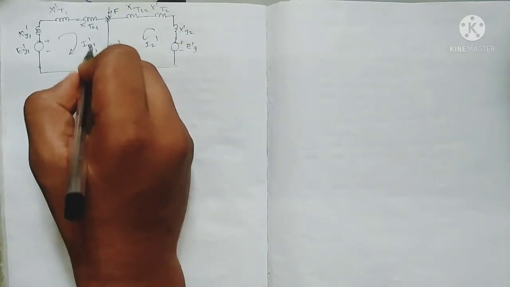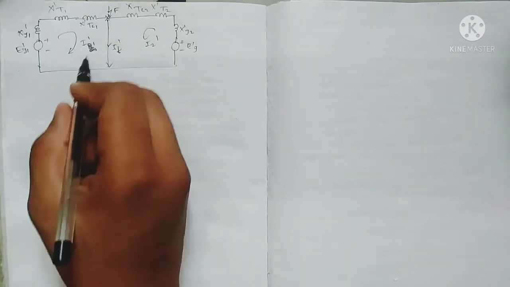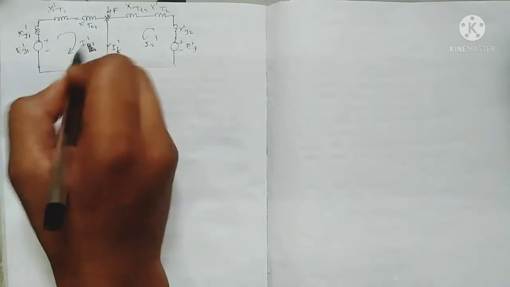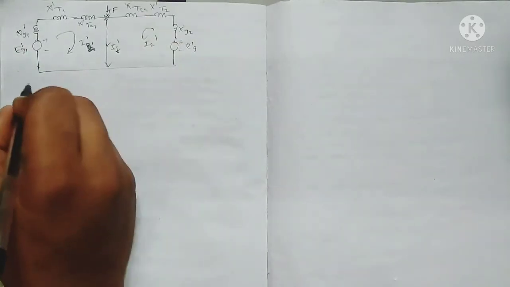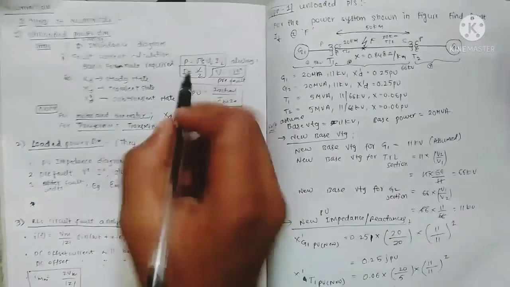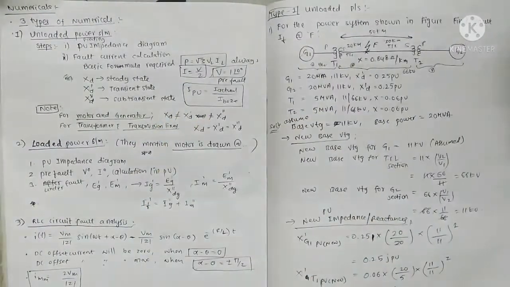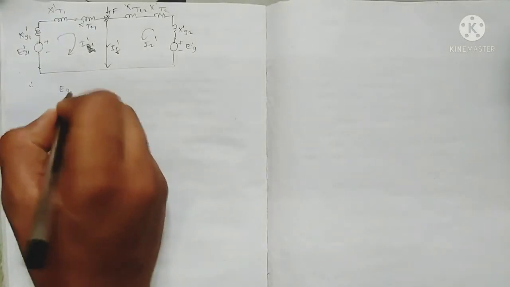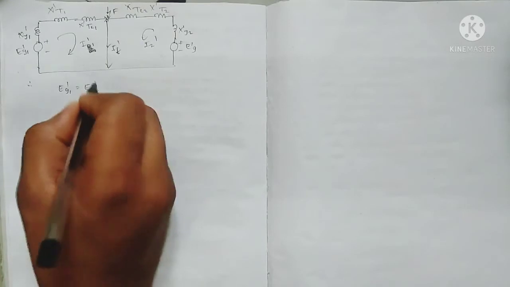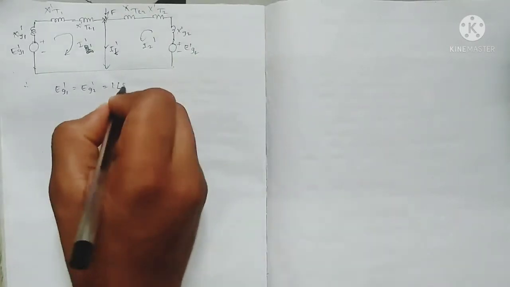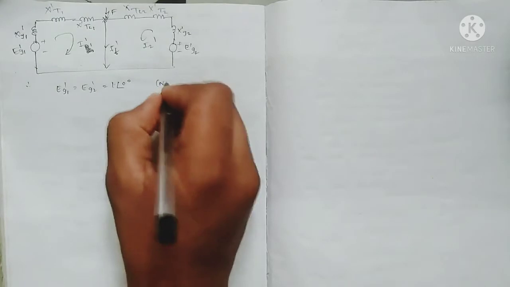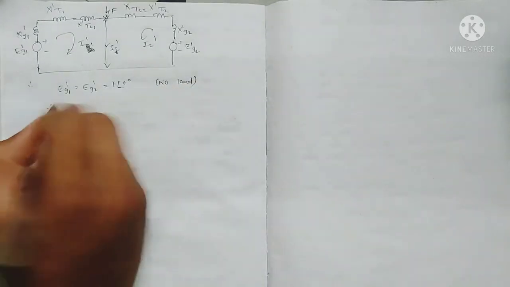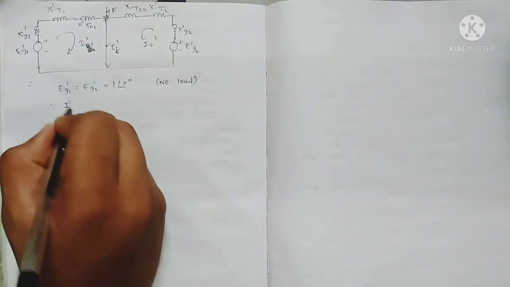Since it is assumed unloaded, we assume the pre-fault voltage is 1 pu. That is, Eg1 dash is equal to Eg2 dash is equal to 1 angle 0 degrees, since there is no load. Therefore, first I will calculate I1 dash.